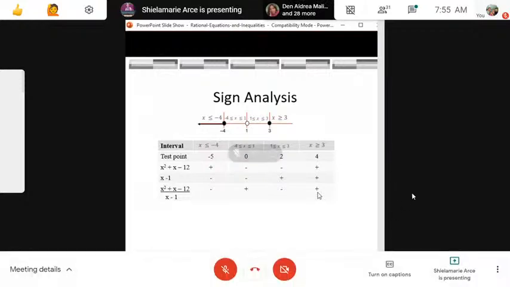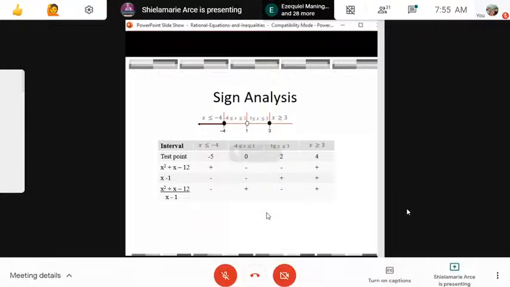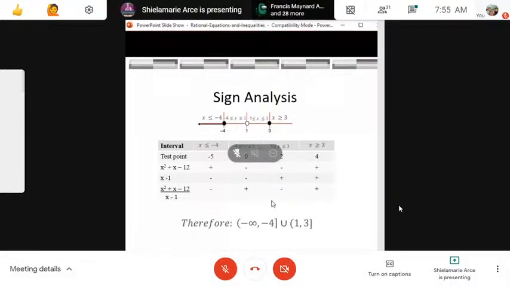Pero ang inequality natin is x squared plus x minus 12 over x minus 1 is less than or equal to 0. So obviously, from that point pa lamang, alam nyo na dapat ang magiging values ninyo. Ano ba lahat ang values ng x dapat ninyo na less than or equal to 0? E di from 0 hanggang sa negative numbers, 'di ba?